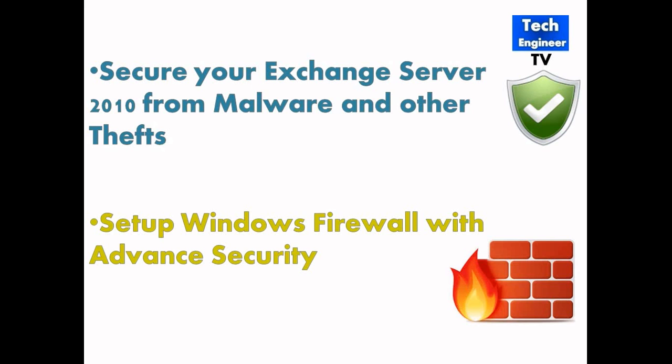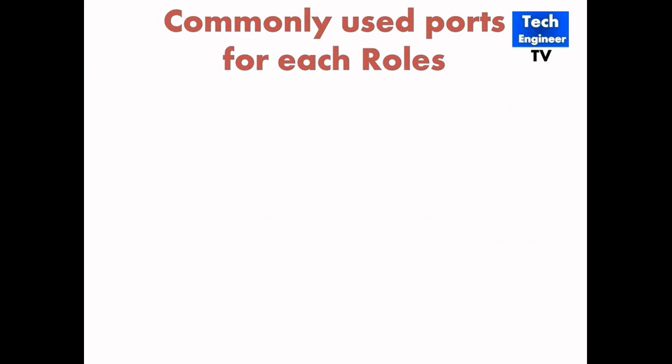But if you have a hardware firewall, if you're managing the firewall with separate hardware and maybe separate the network with subnets, then it might create problems. So you have to settle those things with commonly used ports for each role. You have to make sure these ports are allowed in your hardware firewall if it is installed in your infrastructure environment. What are those ports which you need to make sure are working fine?